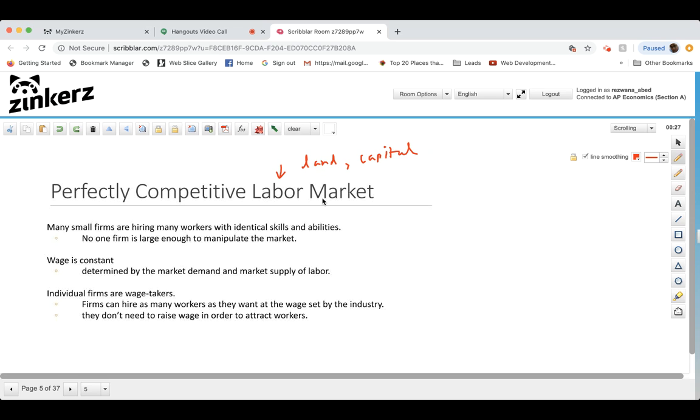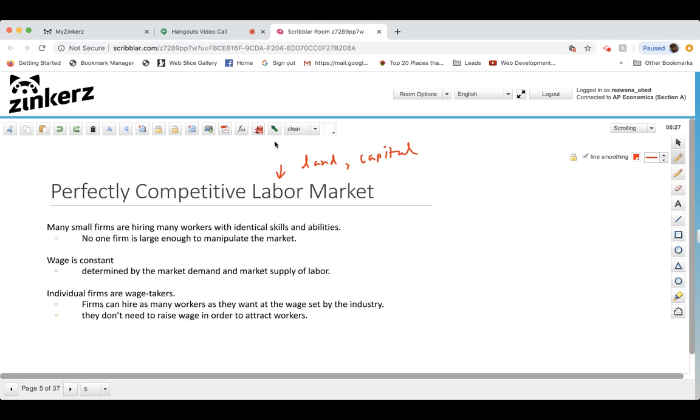But entrepreneurship gets more complicated, so we don't really talk about that. For the most part, when we talk about factor markets, we're mostly going to be talking about the labor market. And we assume a perfectly competitive labor market here. We're also going to see a little bit of what imperfect competition in the labor market looks like, but we're going to begin by talking about the perfectly competitive labor market.